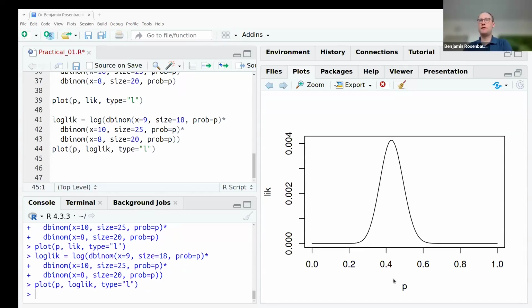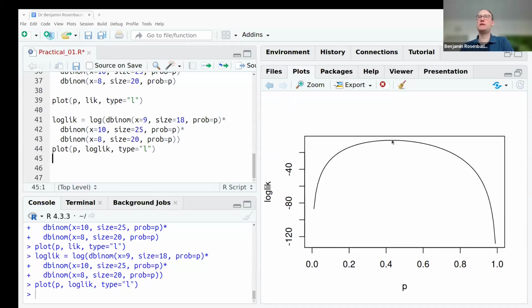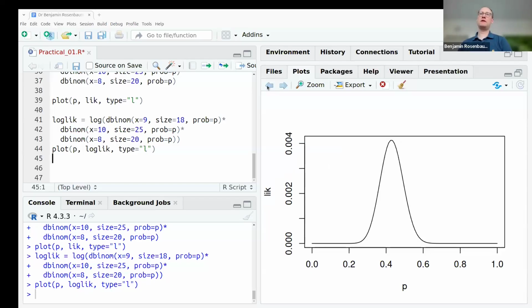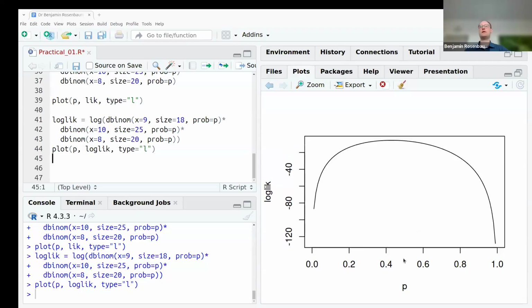The first thing we observe, hopefully you can see it here, is that the maximum is reached at the same location. It looks a bit different, but both of these functions, the likelihood and the log likelihood, have the maximum at the same location. This means we don't have to use the likelihood for maximization. We can also use the log likelihood for maximization, which often makes things computationally a lot easier.